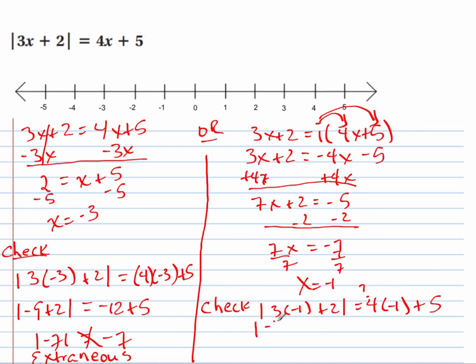So this is negative 3 plus 2 equal to negative 4 plus 5. So this is the absolute value of negative 1. And this side is positive 1. So indeed, I get 1 equal to 1. This is a solution. So the only solution to this equality is when x is equal to negative 1.